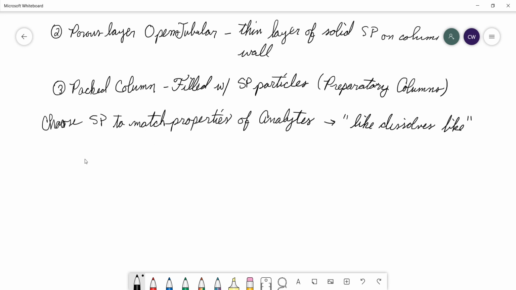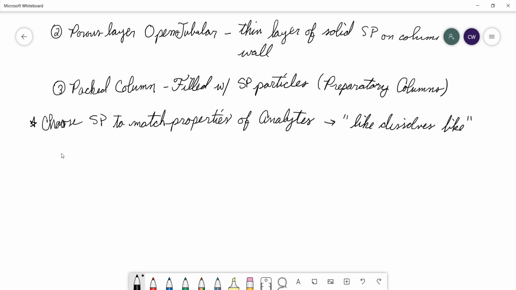And the more polar the stationary phase is, the more that a more polar compound will interact with that stationary phase, right? And so it will be retained longer. Whereas if you have a very non-polar stationary phase, the more polar compounds are going to get flushed out of the column faster. They're going to interact less, okay? So we choose our stationary phases to match our analyte properties, okay?